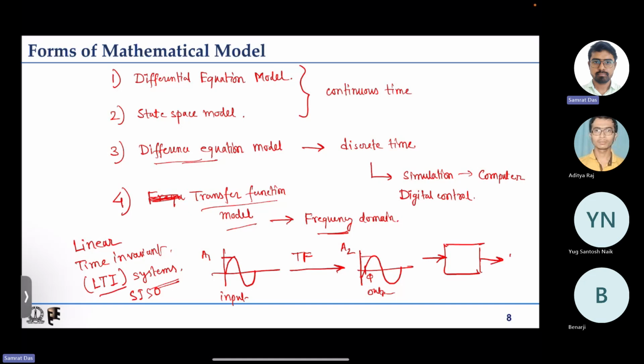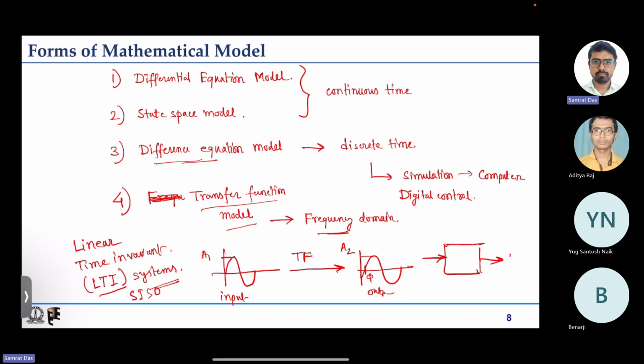Now the fourth one is frequency domain, that is the transfer function model. Because it's only sinusoids, the basic assumption is that a sinusoidal input will produce a sinusoidal output. That means that is a linear system, and so only the sinusoid's amplitude and phase will get modified.